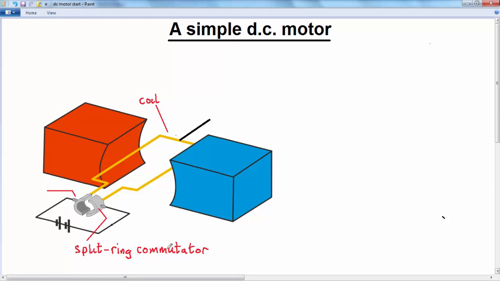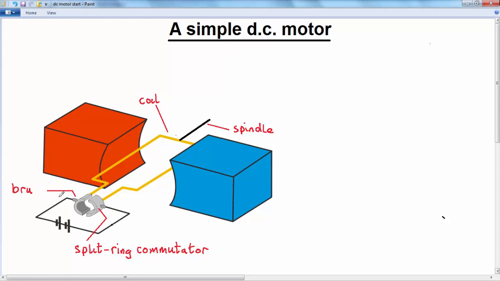Now the split ring commutator is fixed to the coil or the loop in this case, and in turn these are fixed to a spindle which is able to rotate. So the commutator and loop or coil spin freely, and they are connected to the DC power supply via what are called brushes. You can see these two are pushing against the side of the rings here.